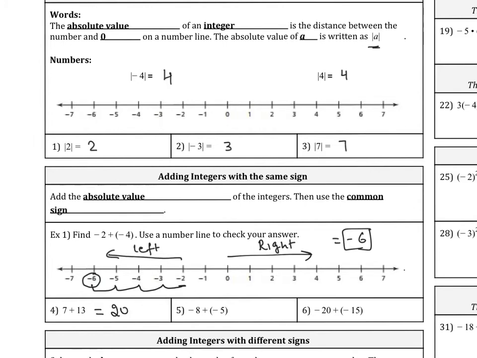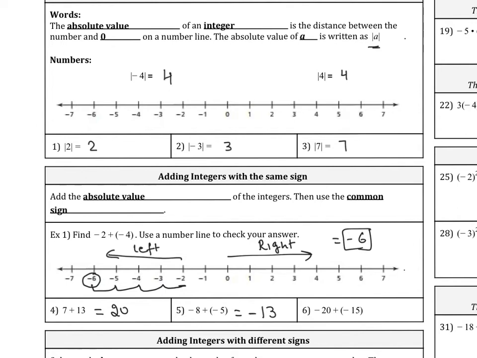And with -8 plus -5, whenever you see two negatives and you're adding them, you add them as normal, but you need to keep the negative sign. So 8 plus 5 is 13, but since you have a negative for both of them, you keep the negative sign.